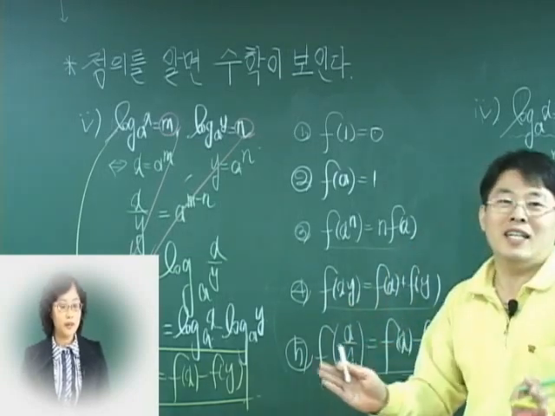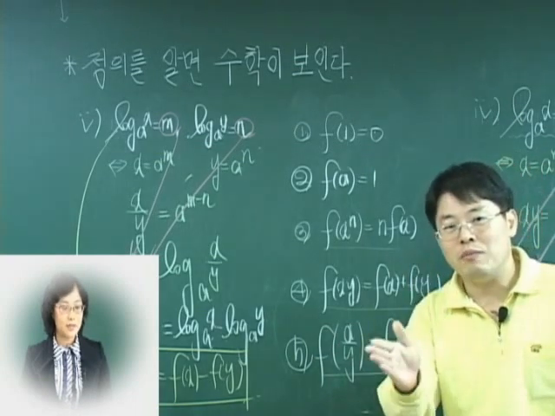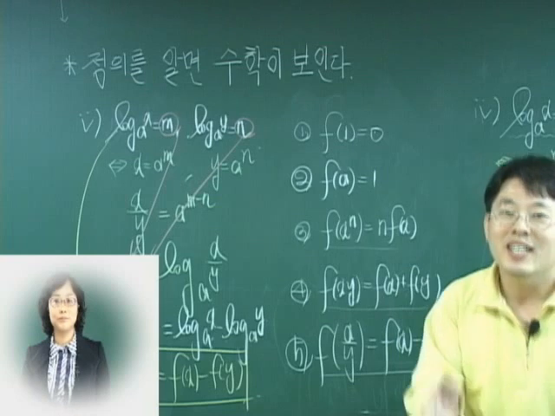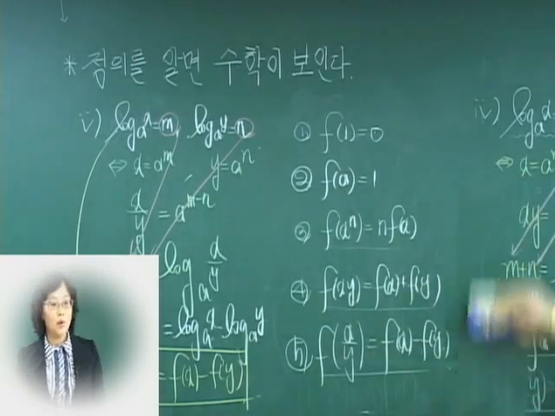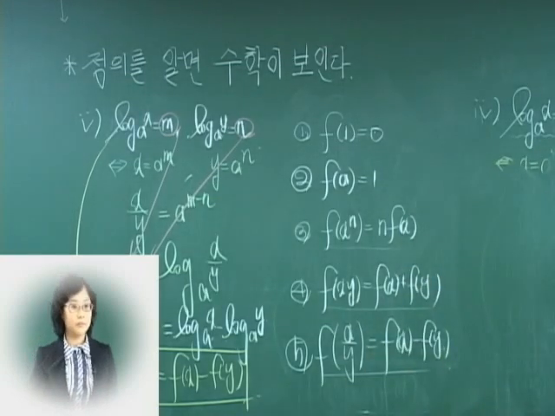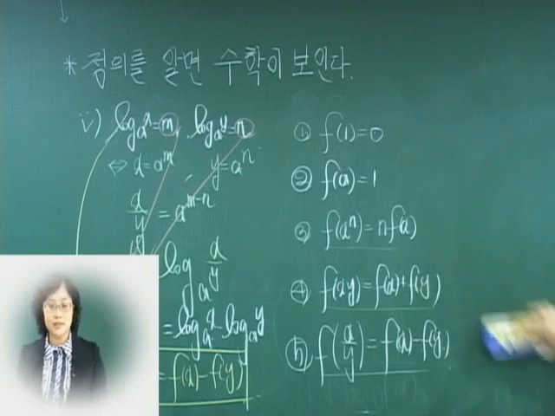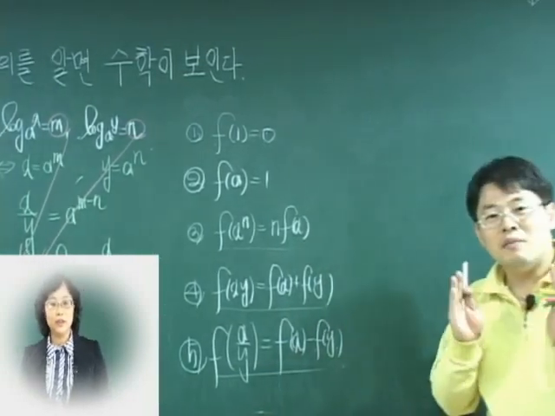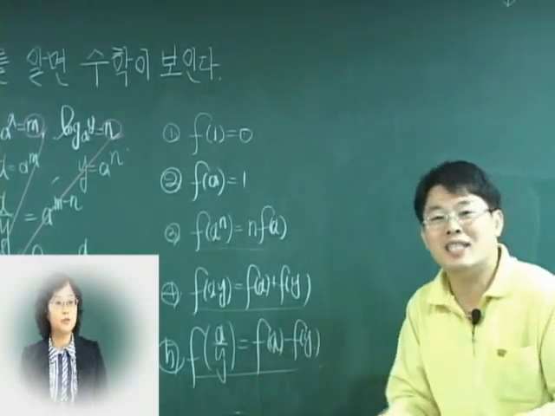We have learned definitions and properties up to now, and then what can we study more? And the formulas. What can we do with formulas? We have to prove them.